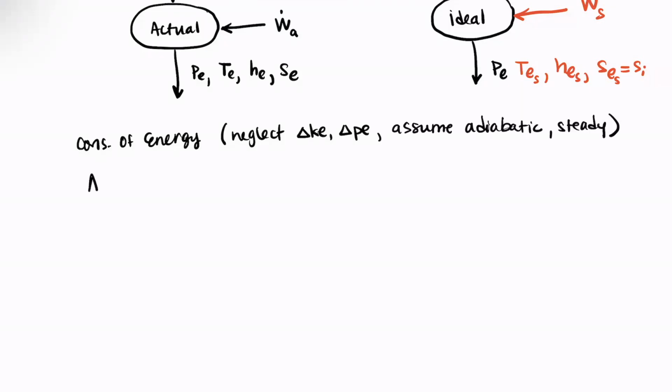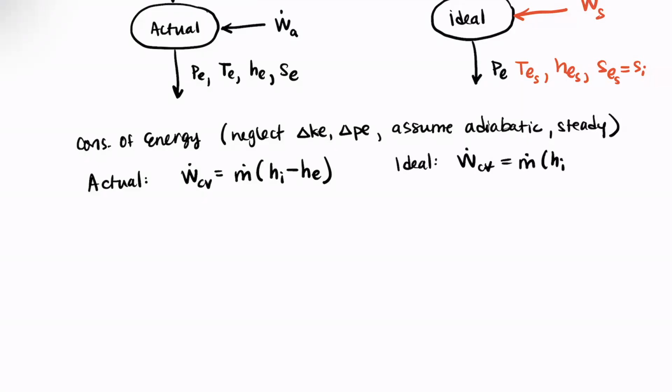For our actual system, W dot for the control volume is equal to m dot (hi minus he). And for our ideal system, W dot of our control volume is equal to m dot (hi minus hes).